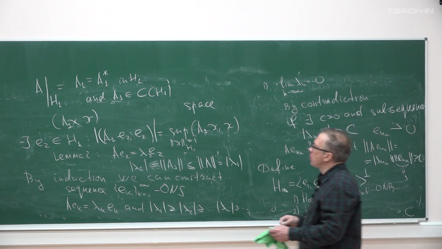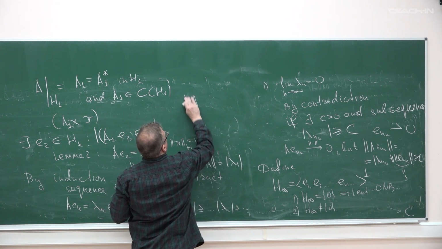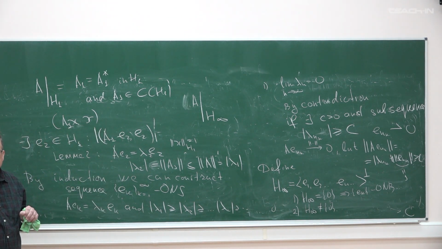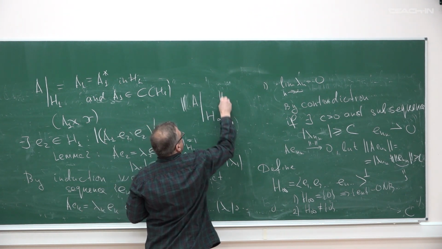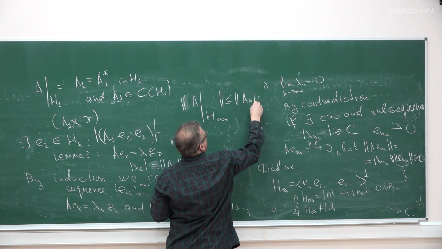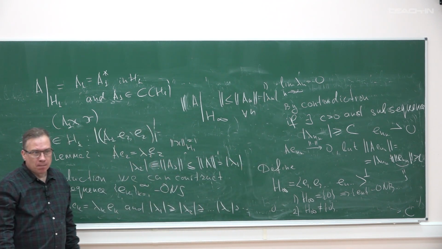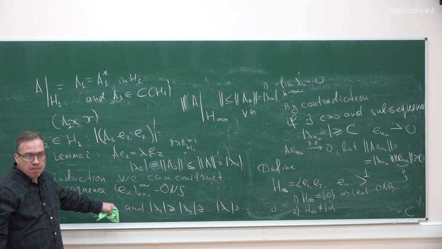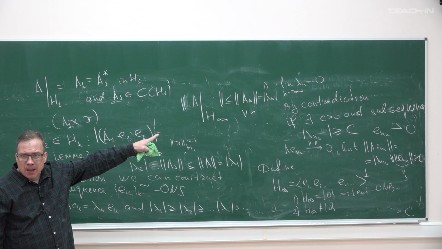But what can you say about the operator A if we reduce it only to this space? Is it clear that its norm is less than the norm of any operator An, which equals lambda n for any n? In An we construct on each step here, yeah? By mathematical induction. But lambda n tends to 0.